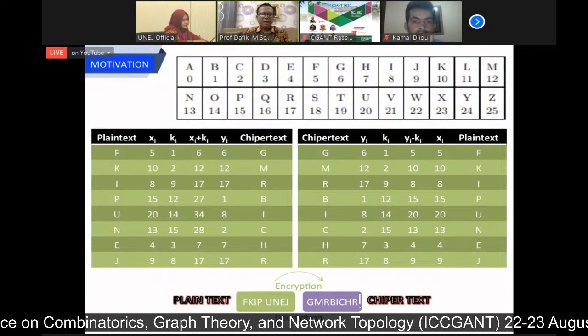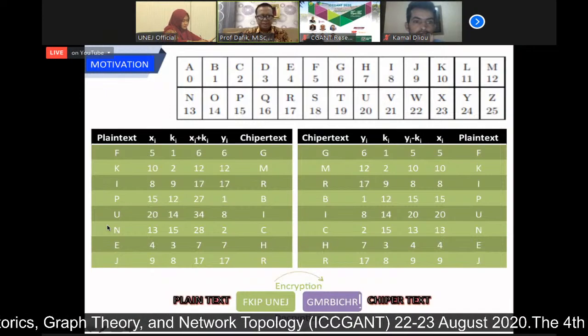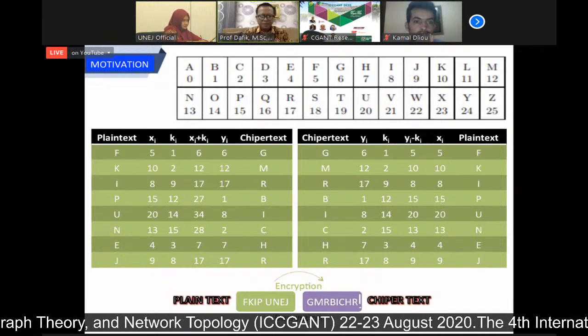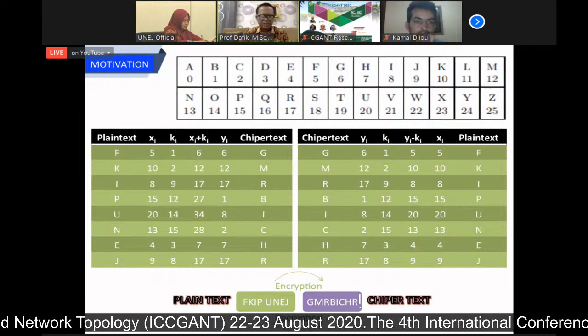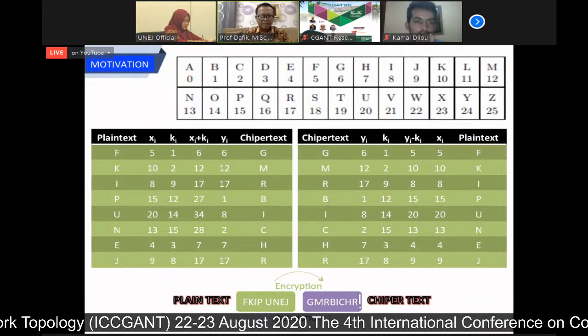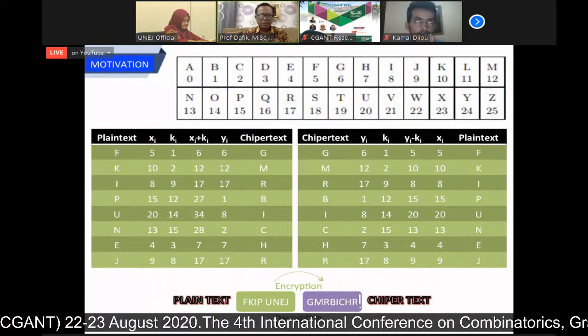For example, we have FKIP UNEJ as the plaintext. How do we transform this into a ciphertext?